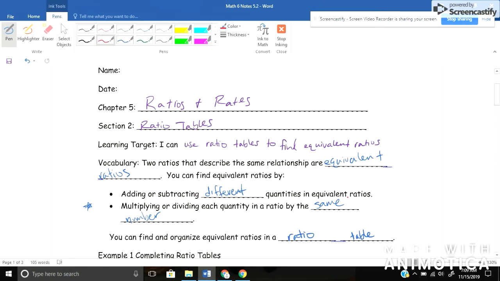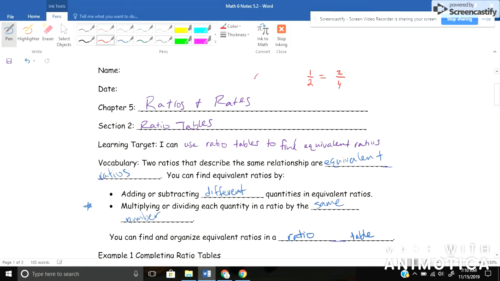So if you want equivalent ratios, let's just take a pretty basic ratio, say 1 to 2 or a half. If I wanted to make this equivalent, let's say I wanted to make it into 2/4. We know that 2 is half of 4 and 1 is half of 2. These are equal statements.